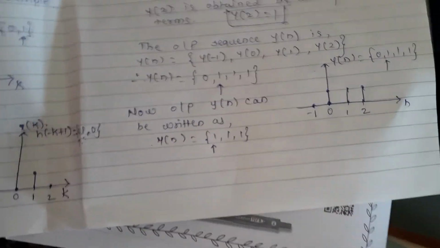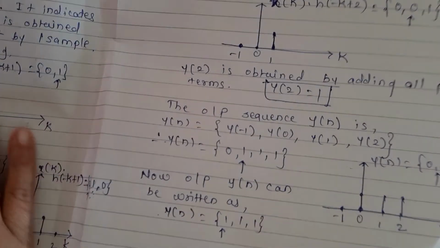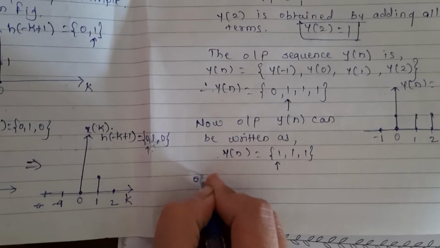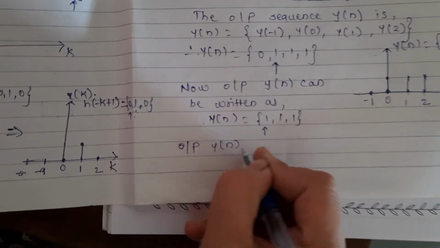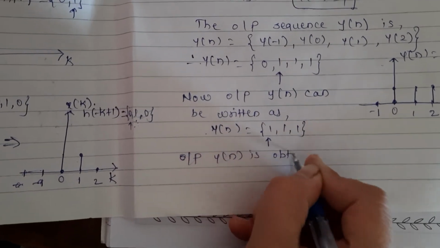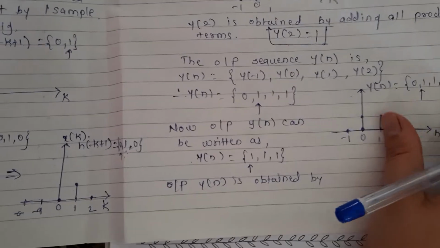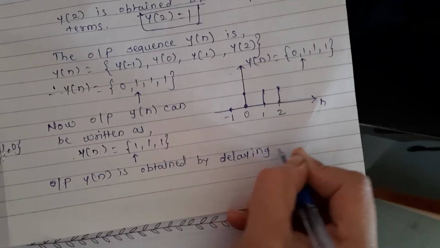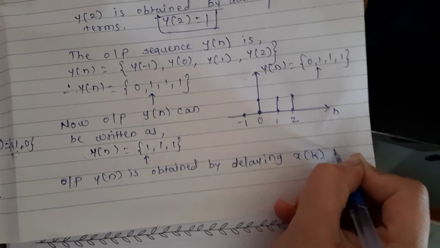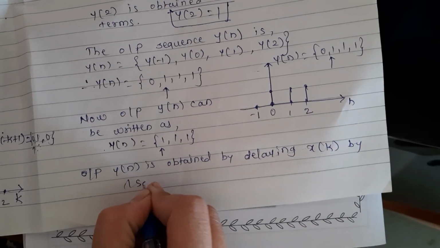Output y of n is obtained by delaying x of k by one sample.